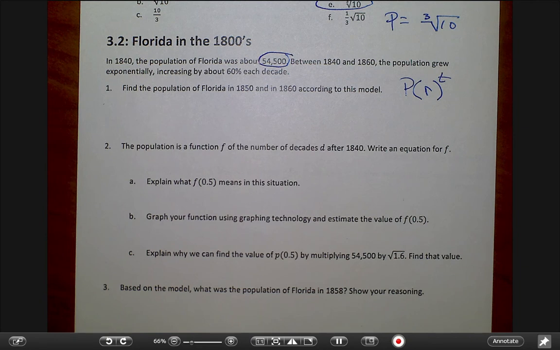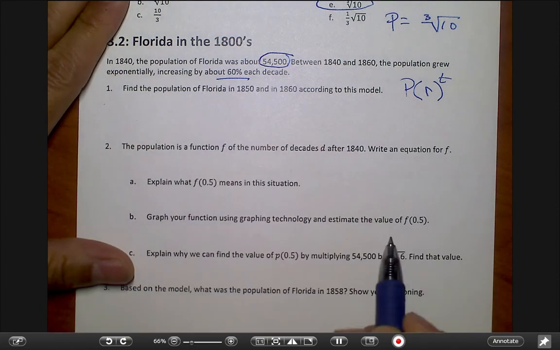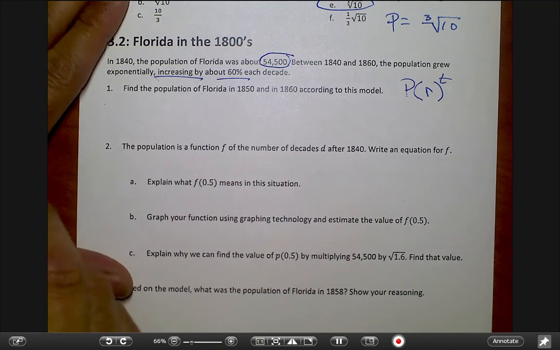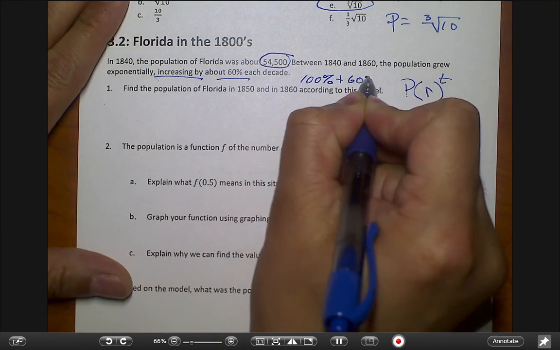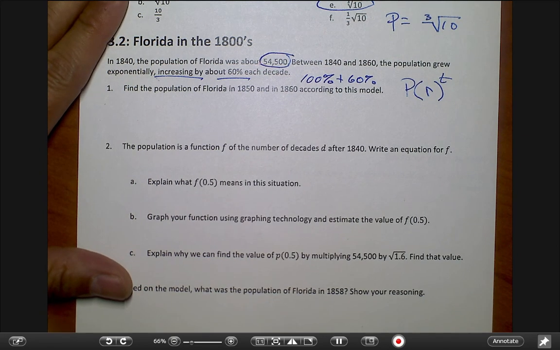But if it's increasing, I would add it to my 100%. Because it's starting with the 100% and it's going more than that. So it's basically 100, which is my starting amount, and it's increasing, so I add plus 60%. And Rafa had it right, it was supposed to be 160 over 100.